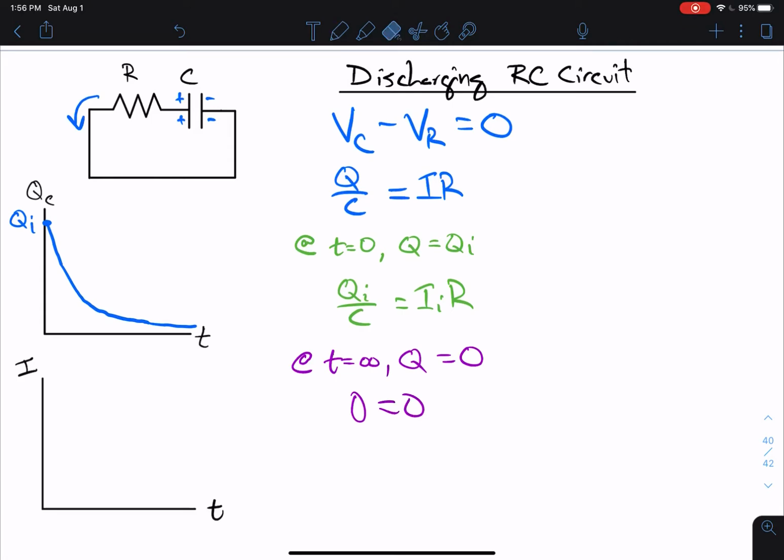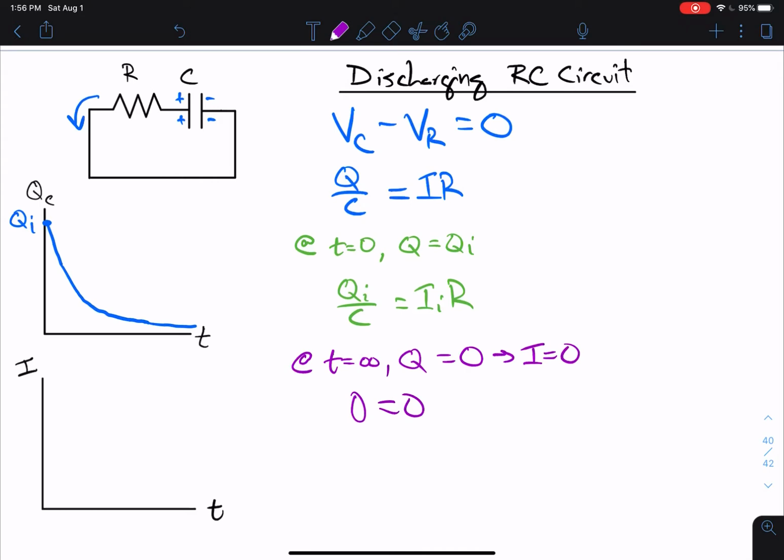So this implies that the current is 0 after an infinite amount of time has passed.